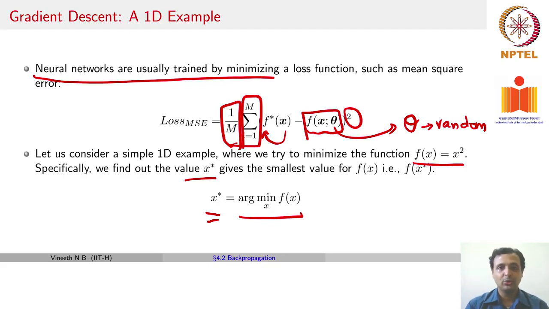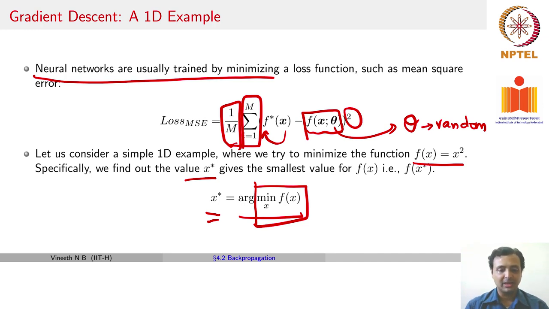Some of you are new to this. Arg min of f of x gives you the value of x, across all possible values that you can choose for x, that gives you the minimum f of x. That's the difference between min and arg min. So x star is that x that gives you the minimum value of f of x.